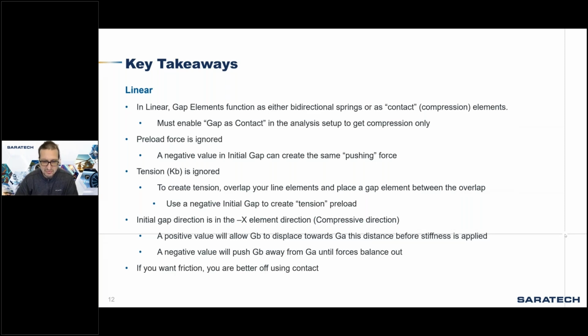We talked about that before, about that setup. So if you want to use friction, you're probably better off just using contact when it comes to linear. So for gap elements in linear analysis, I think their best use is simply to replicate a tension-only load, when you're trying to model strapping or rope, that sort of thing.